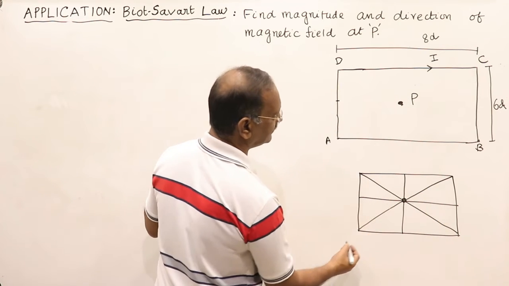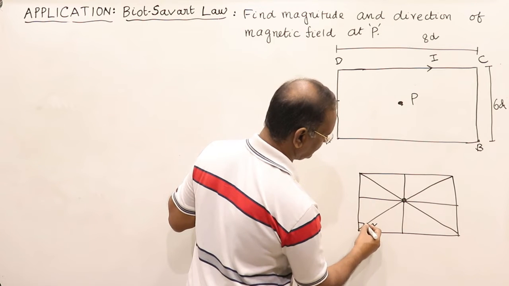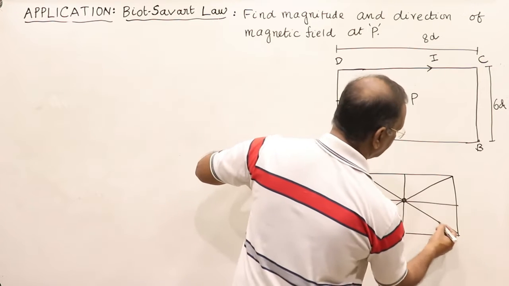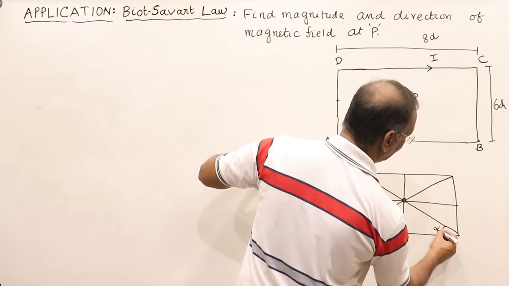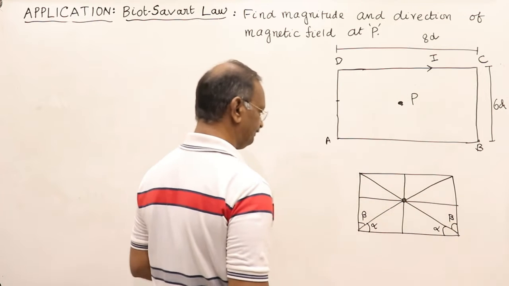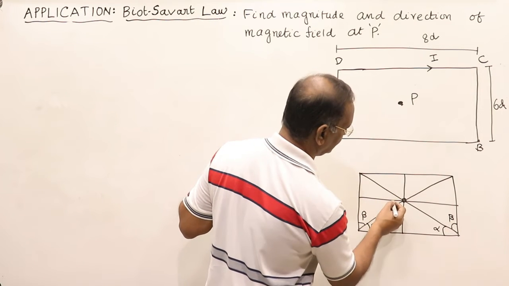And if you keep this side as alpha, this side will be beta, and this side the same, because it is the same triangle, this will be alpha and this will be beta. Okay, what about this side? By geometry, this side and this angle will be the same.